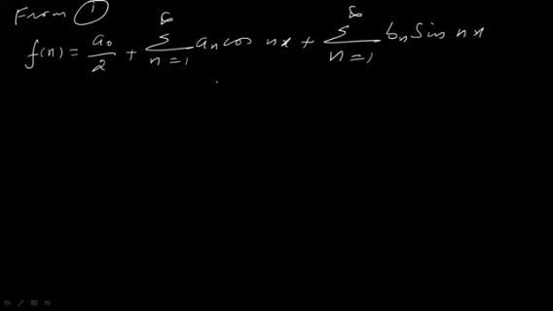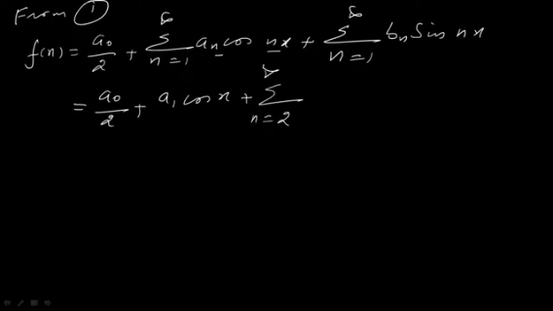Actually, we have calculated a1 and b1 as a special case. So again, I am going to rewrite this. You have to take the first term outside of the summation. For that, if you substitute n is equal to 1, what happens? a1 cos x, right? Just replace this n by 1. So you get a1 cos x as the first term of the summation. And write down the remaining as summation itself, so 2 to infinity instead of 1 to infinity, because ultimately we take the first term outside of the summation.